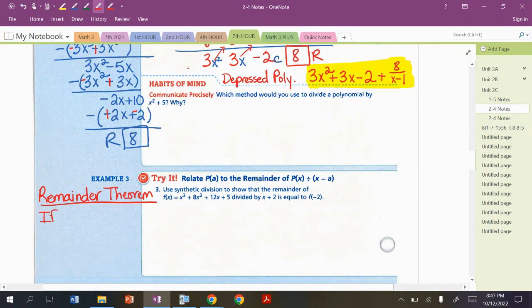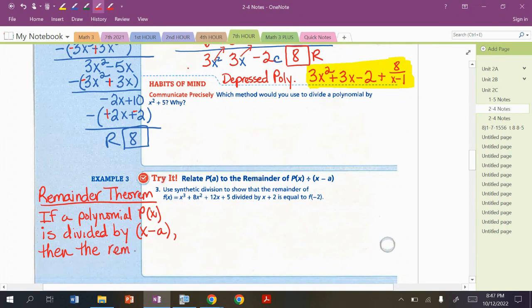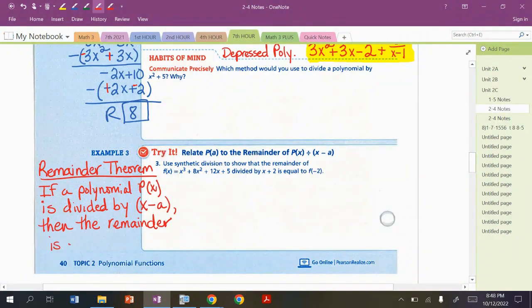It says if a polynomial, and we're going to say p of x, is divided by the factor x minus a, then the remainder is equal to p of a. So I'm going to explain what this theorem is saying.